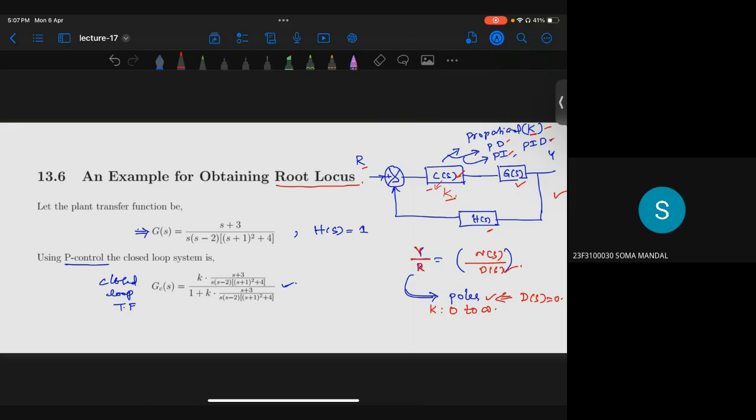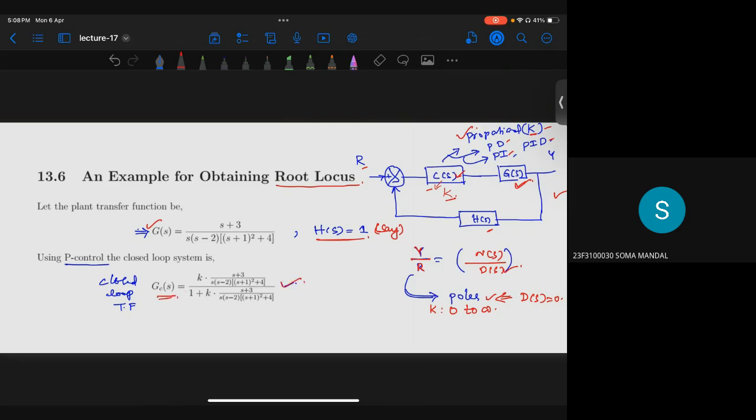Let's say this is the G of S, the open loop plant transfer function, and assume that the feedback gain is 1. Let us say we are using the proportional controller in place of C of S. When you substitute, you get the closed loop transfer function this way.